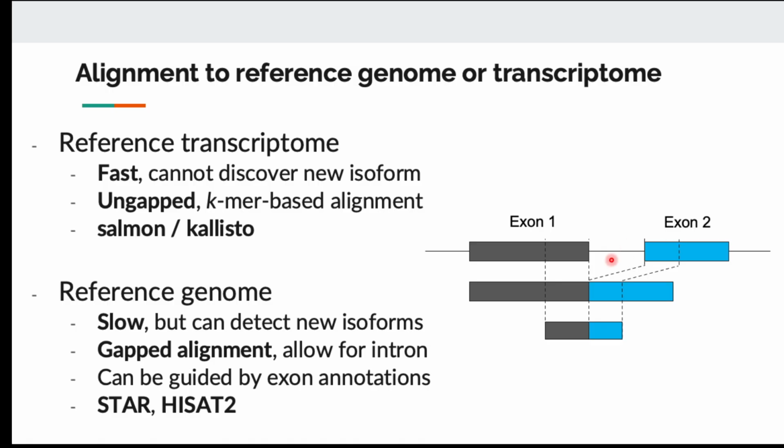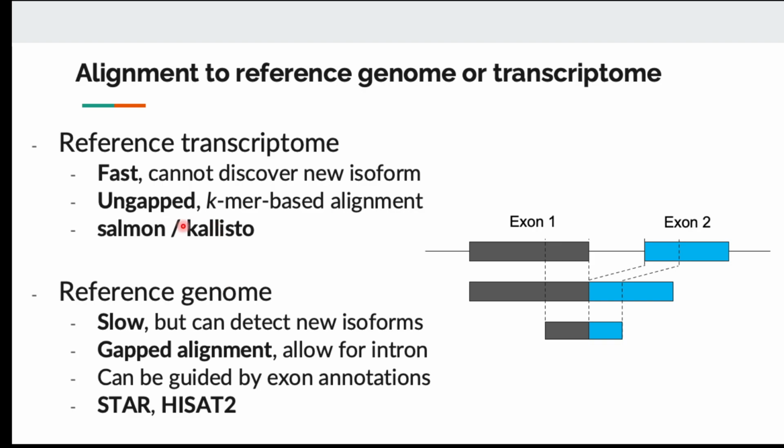So you can imagine that aligning to the genome is going to be slower because it has to consider this possibility all the time. But if you are aligning to the transcriptome, it's going to be very fast. And we'll see how fast it is next lecture. It's fast enough that you turn from 8 hours to 30 minutes.